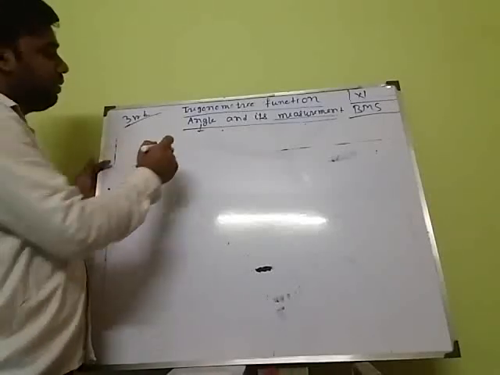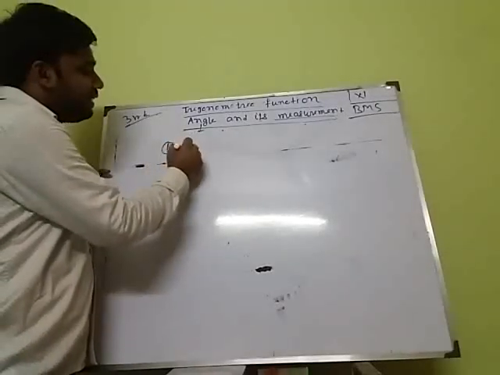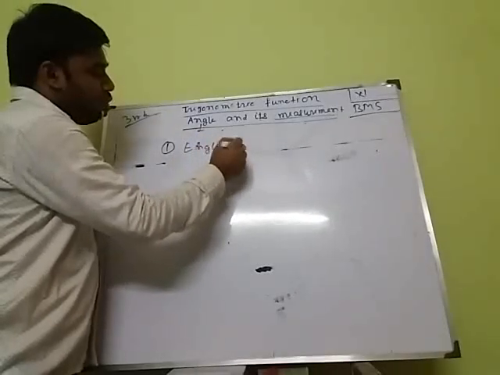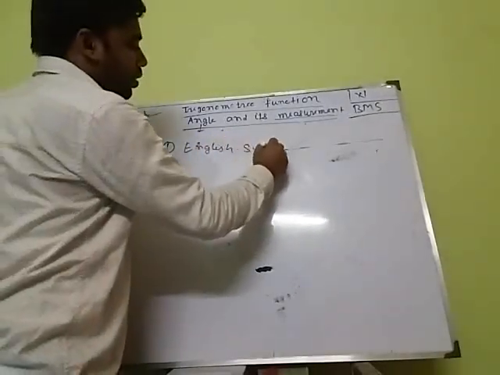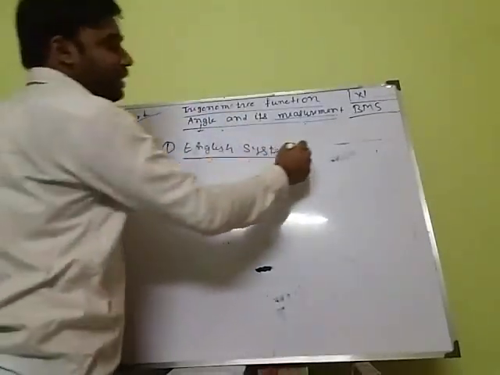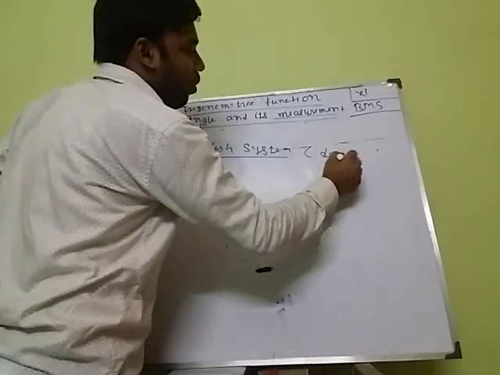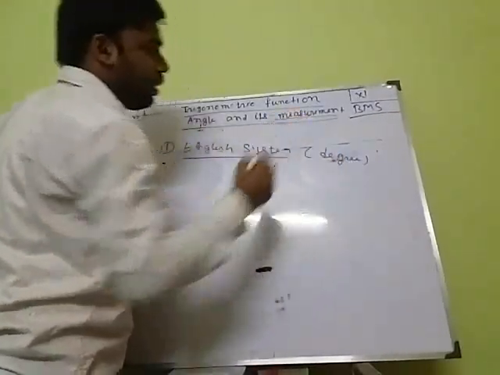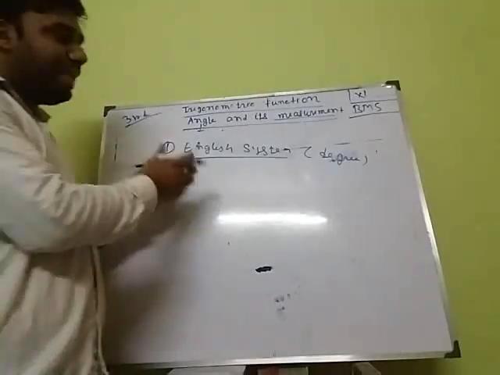The first system is the English system, and the unit of angle in this system is degree. We are already familiar with this system, the English system, degree. Okay. Now we will discuss the English system.